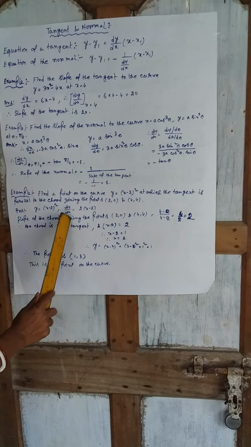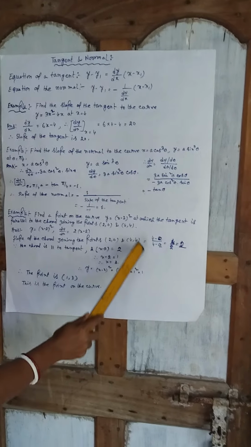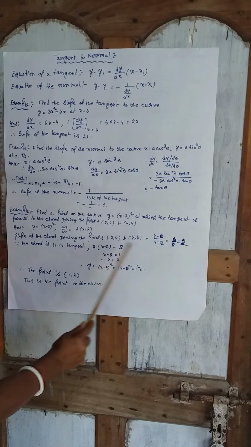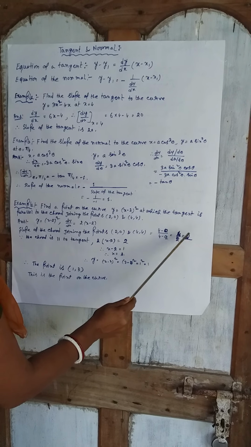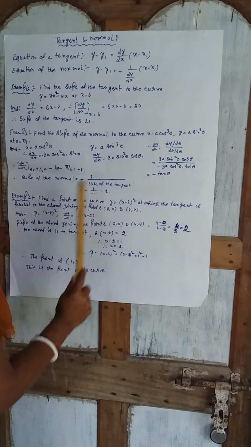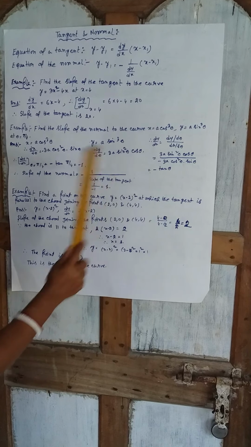Now the slope of the chord joining the points (2, 0) and (4, 4) is equal to 4 minus 0 by 4 minus 2, that is 4 by 2 equal to 2, that is y2 minus y1 by x2 minus x1, the slope of the chord, equal to 2.